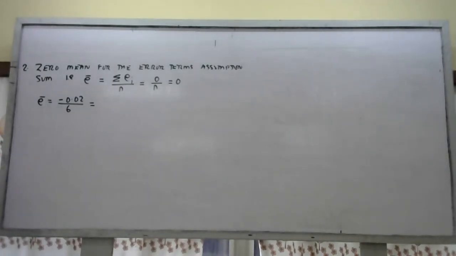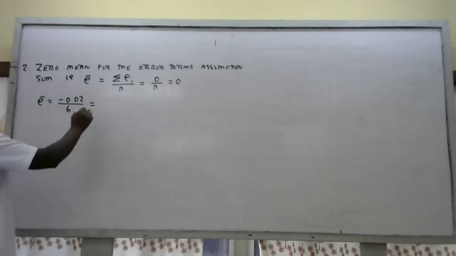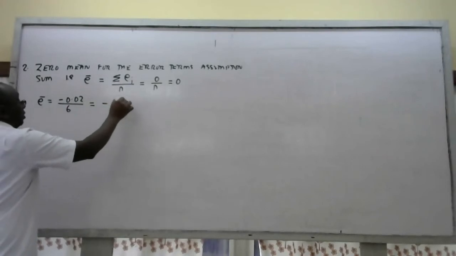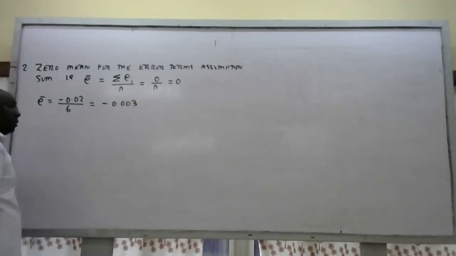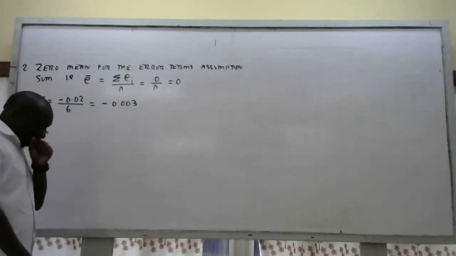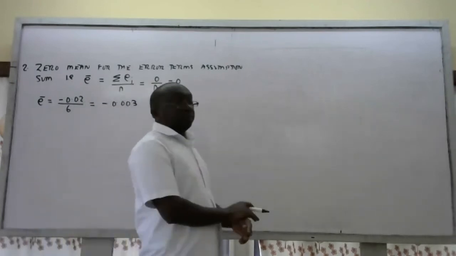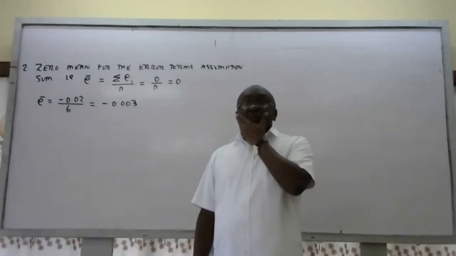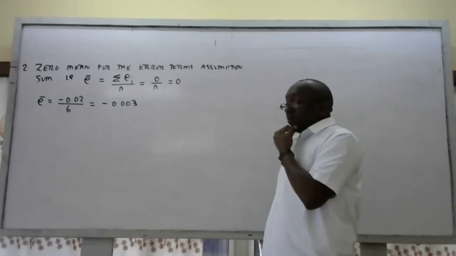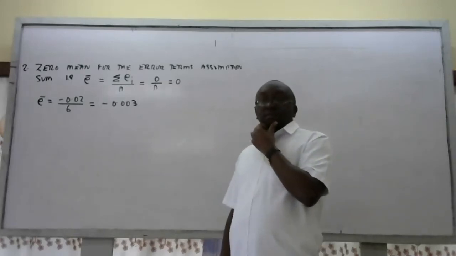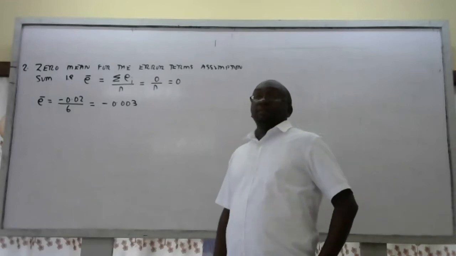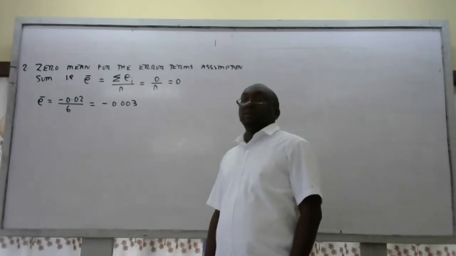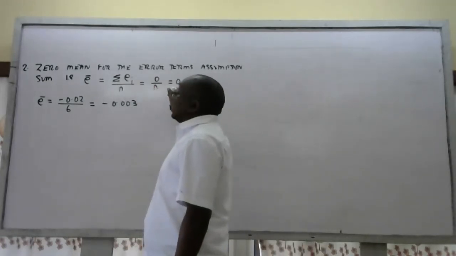It must be a very small value, minus 0.003. So according to this assumption, we should have gotten a 0, so that when you divide, you get 0.